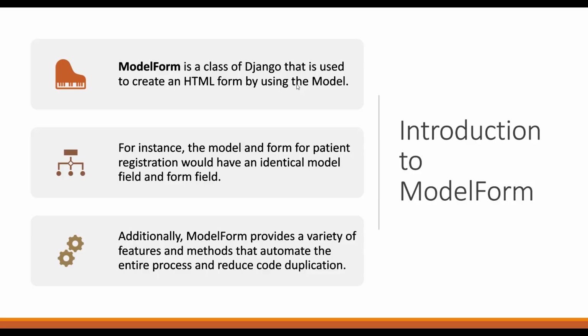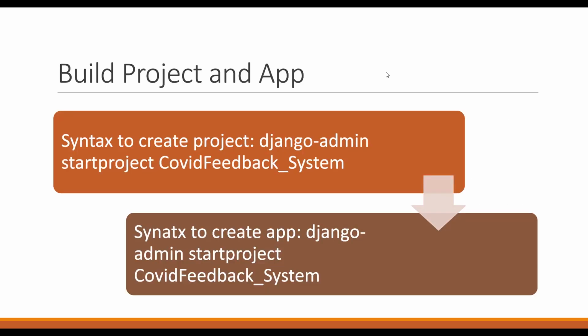So instead of writing duplicate code to first generate a form and then map it to the model in a view, we can simply use the model form class. And additionally, this model form provides us a variety of features and methods that automate the entire process and reduce the code duplicacy. So let's begin to convert a model into form.